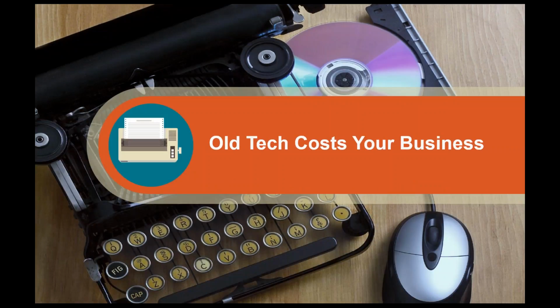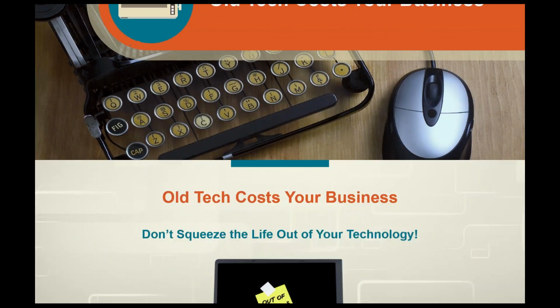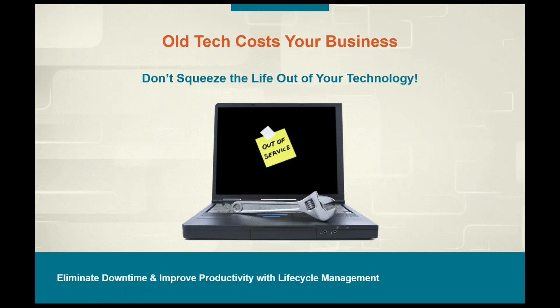So believe it or not, running old technology does cost your business. It is tangible. Some people I know just tend to run their equipment until it breaks, and they have to replace it. They have no choice. So they leave their technology asset management to chance. But the result of that is downtime. So you have people unable to do their jobs because equipment is down.